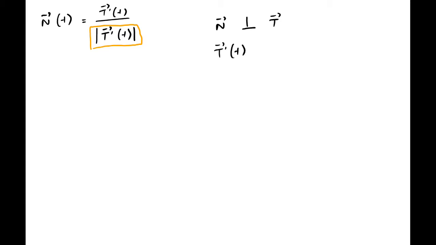so vector T'(t) is orthogonal to vector T(t), and I'm going to prove this one. Let's suppose we have vector r(t) and the magnitude of vector r(t) is c for all t.